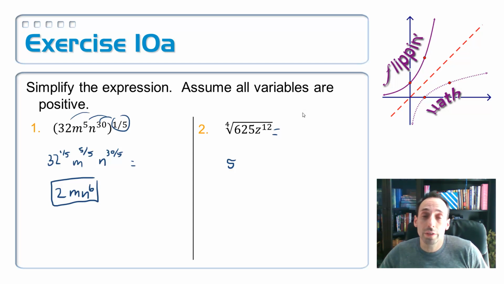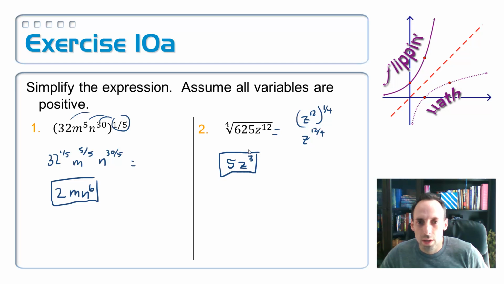Let's think of it as z to the 12th, and that's to the 1/4 power, and then you would multiply those exponents. That's z to the 12/4 power, which is z cubed, and that's the answer. The short way to think of that is take this exponent that's on the inside and divide it by the exponent that's on the outside. Just divide it. And I get z to the 3rd power.